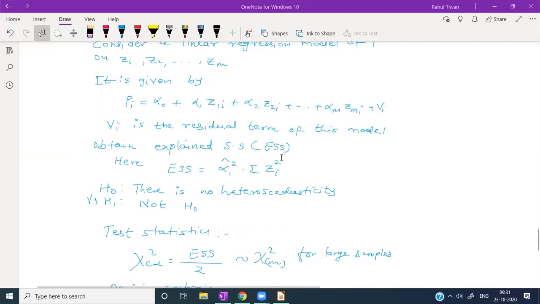And once you get that term, how do you calculate this alpha 1, or how do you calculate alpha 1 hat?